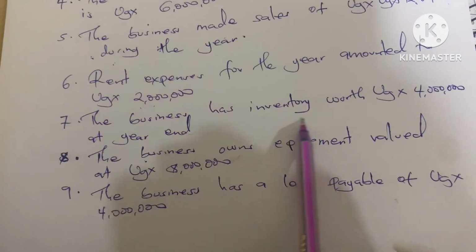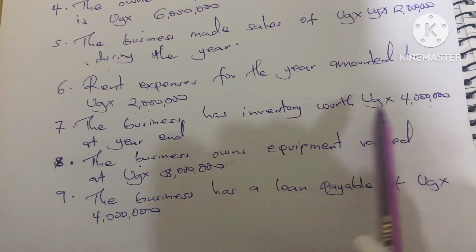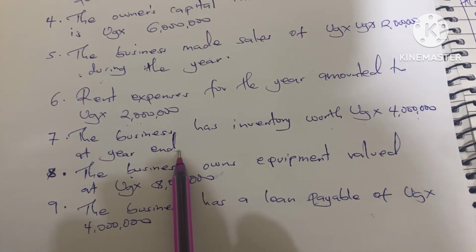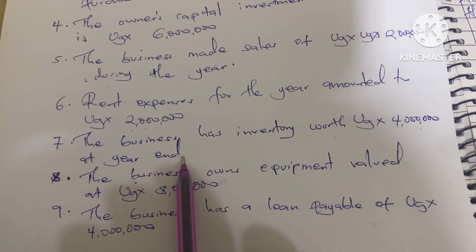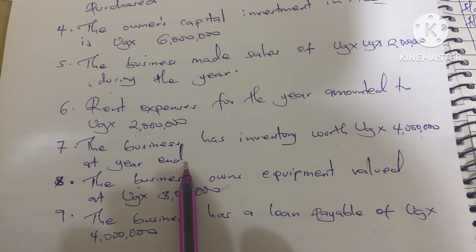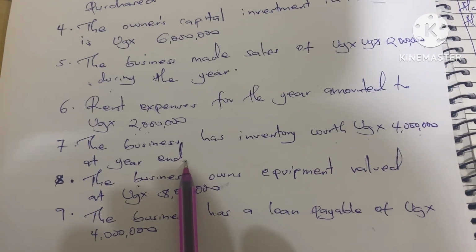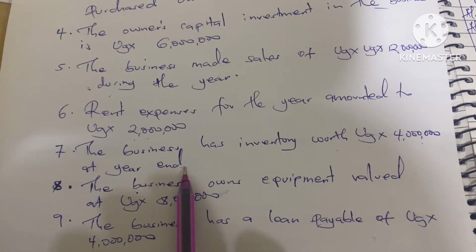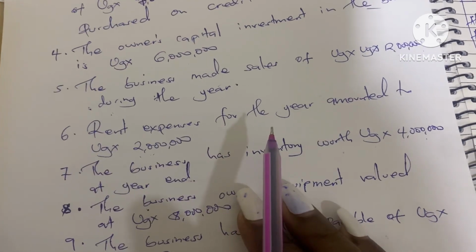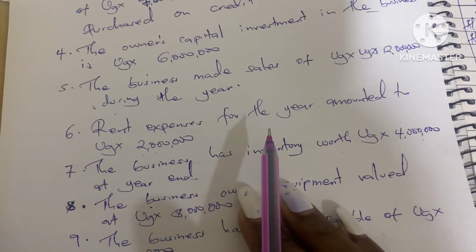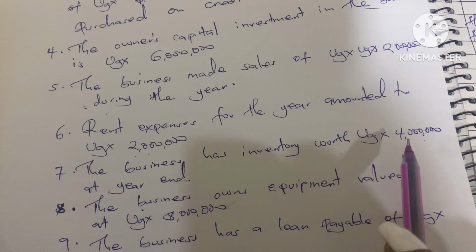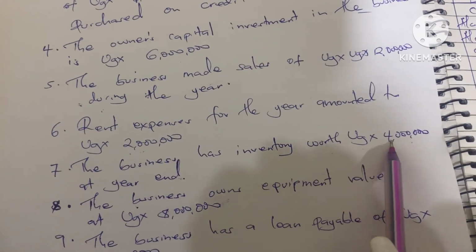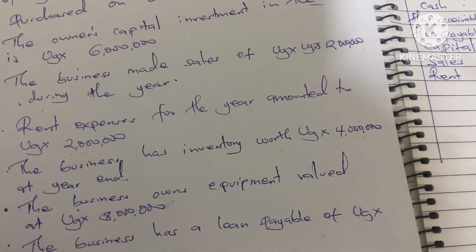Then the business has inventory worth 4 million at the year end. So this is inventory, and inventory is an asset.